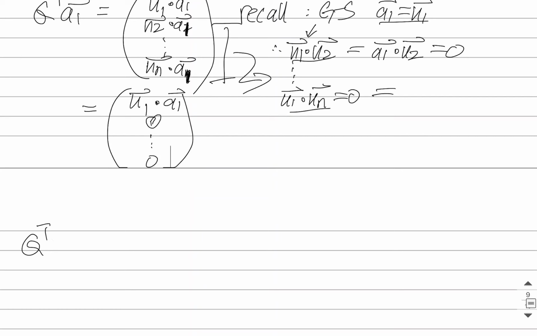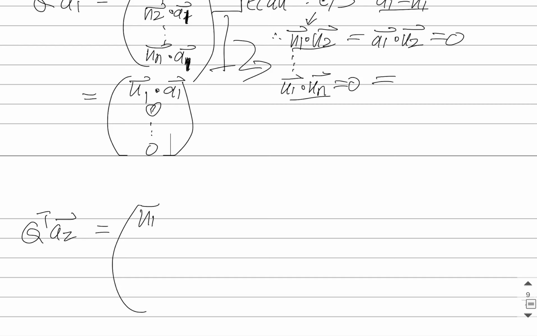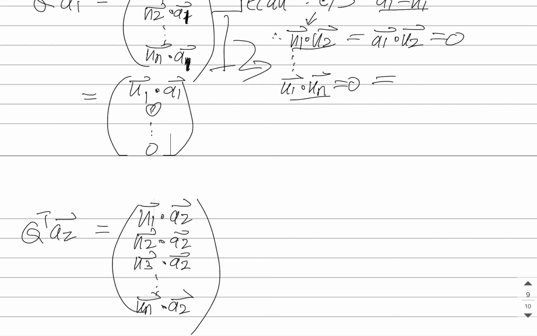Now the same exact pattern is going to happen when we talk about Q transpose A2. We will get U1 dotted with A2, U2 dotted with A2, U3 dotted with A2, all the way down the line, UN dotted with A2. These two are going to be non-zero in general.